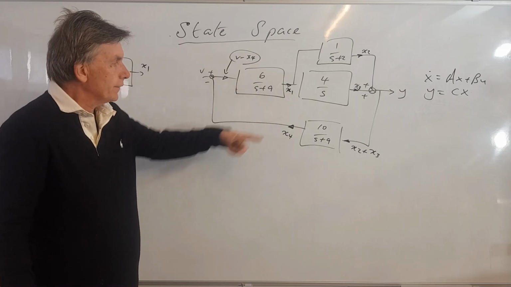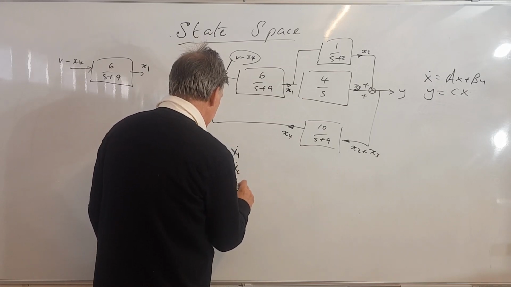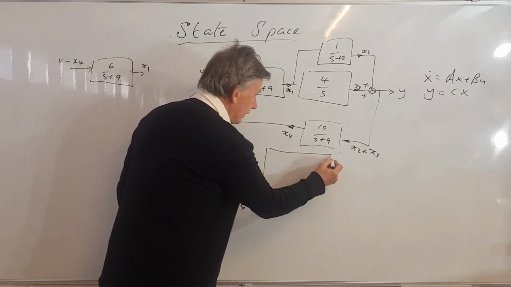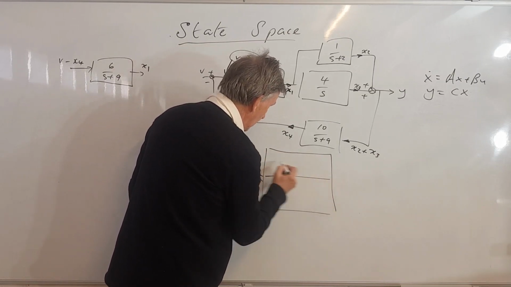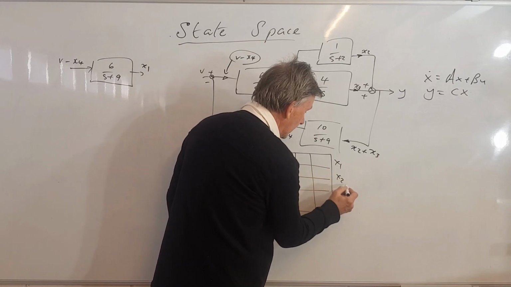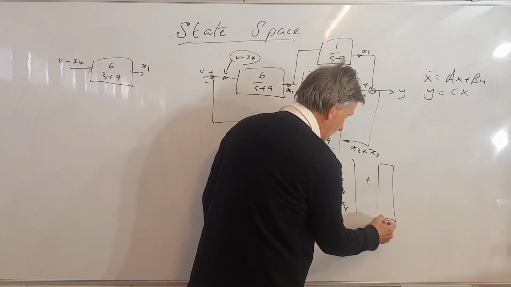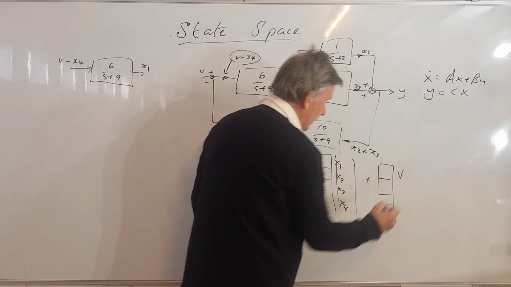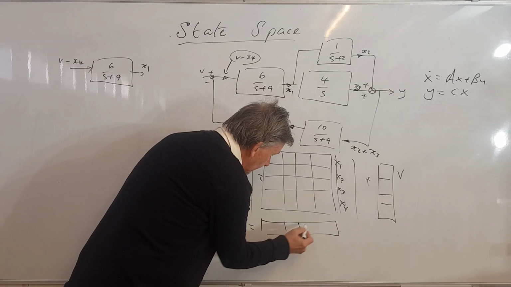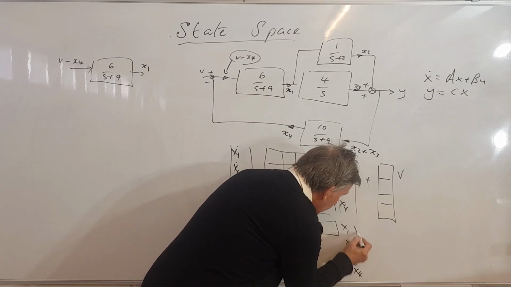Because it's got 4 variables, we can have a 4 by 4 state space, so it's going to be x1 dot, x2 dot, x3 dot, x4 dot equals a 4 by 4 matrix times x1, x2, x3 and x4, plus a 1 by 4, 4 by 1 even, times V, and we have y equals something times x1, x2, x3, x4.